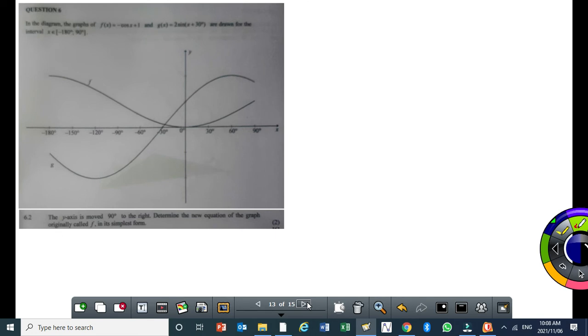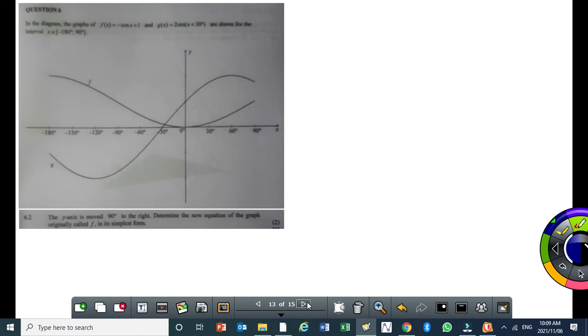Then the next question now. This was quite interesting. It said the y-axis is moved 90 degrees to the right. I wonder what you thought when you saw that. Determine the new equation of the graph, originally called f, in its simplest form.